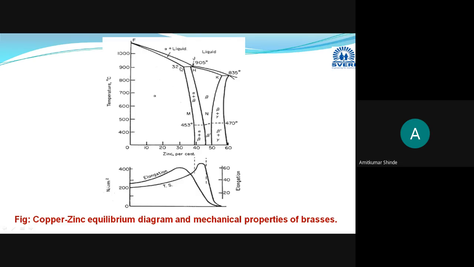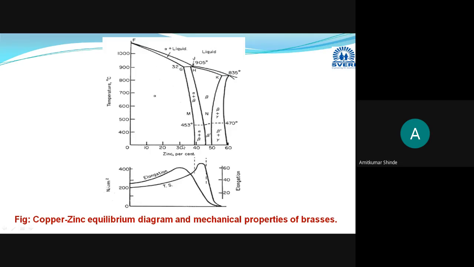This horizontal line will start from 32% zinc and come here, somewhere at this point. 32% zinc means in this loop, alpha and liquid phase will be there. And this horizontal portion, where it will get transformed to alpha and beta, this temperature will be 905. From this point you will get 905, and this is the 32% zinc.